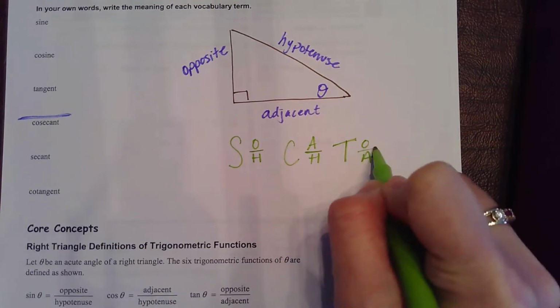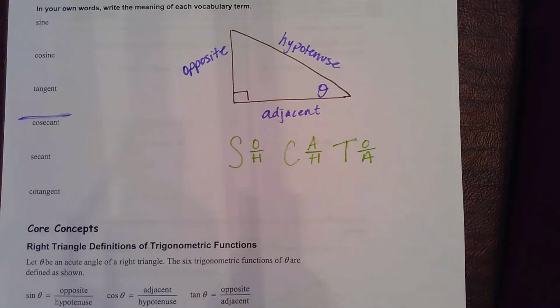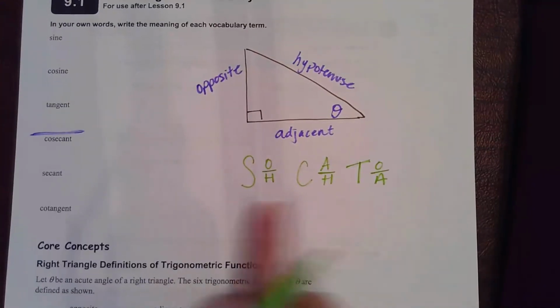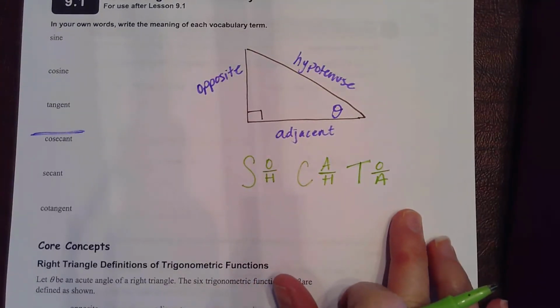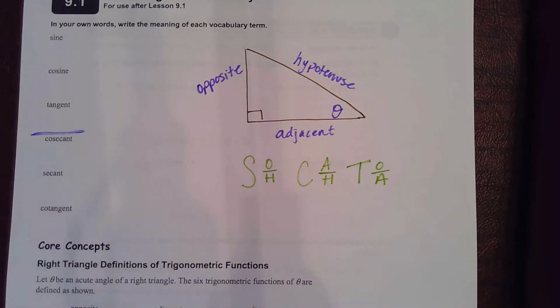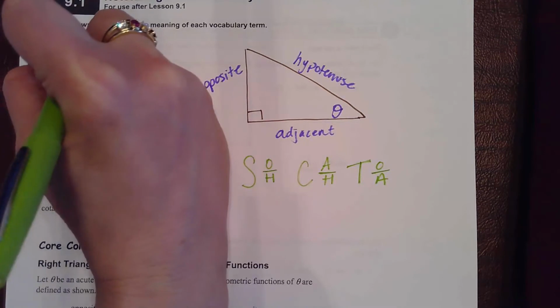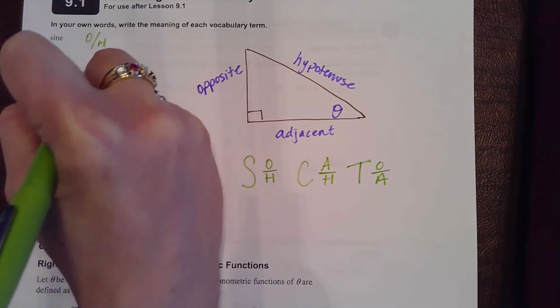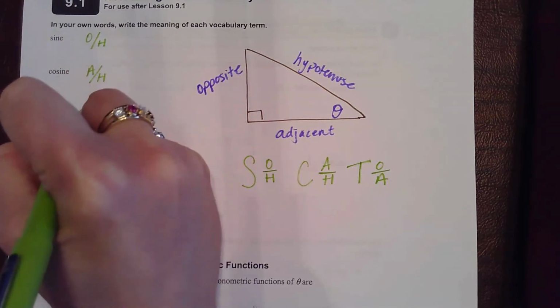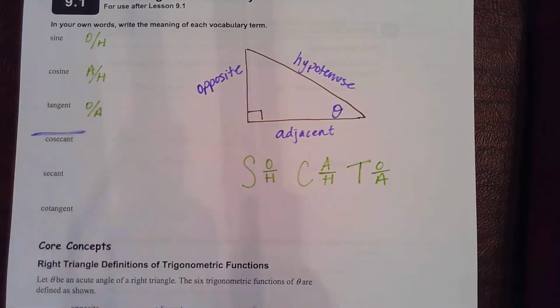And tangent is the relationship of the opposite side over the adjacent side. So this is what you probably remember from geometry, right triangle trig. Sine would be opposite over hypotenuse. Cosine would be adjacent over hypotenuse. Tangent would be opposite over adjacent.